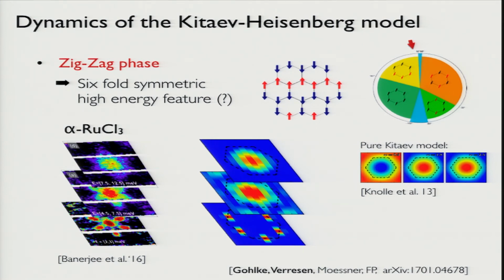From just the ground state correlations at low temperatures, it is known that it has this particular zigzag order as shown here. So what we can do now is take our model Hamiltonian and tune it into this zigzag phase, and we obtain the dynamical correlation functions, which we then directly compare to the experiments.